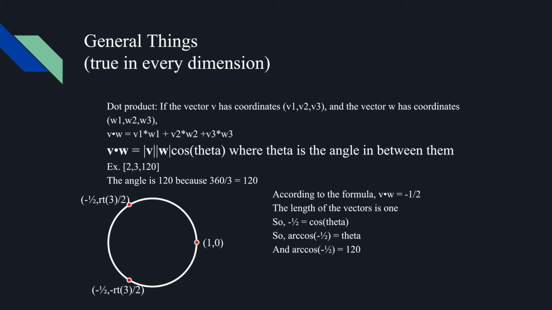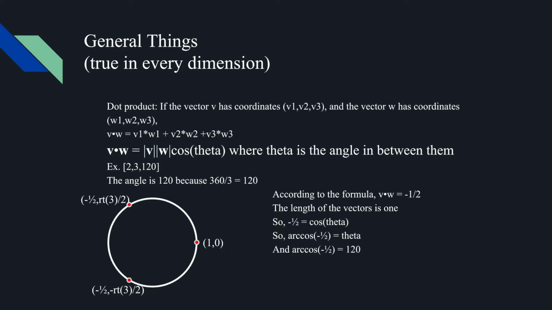And by the way, the way I got all these points is this is just a regular unit circle, and all the points are just from basic trigonometric functions. So the length of the vectors is 1, because it's a unit circle, which means that the length of v and the length of w cancel out in this case.